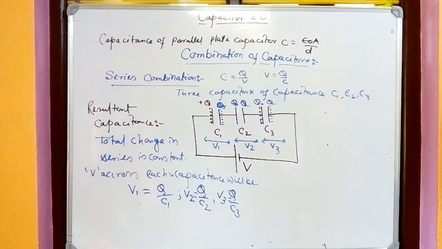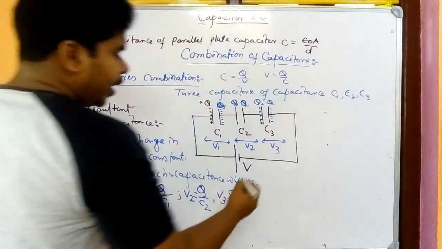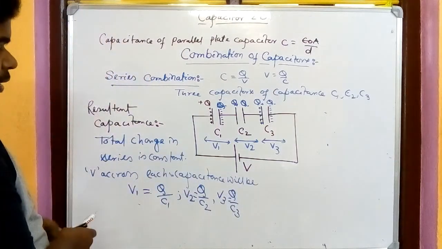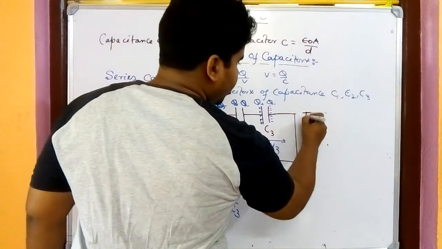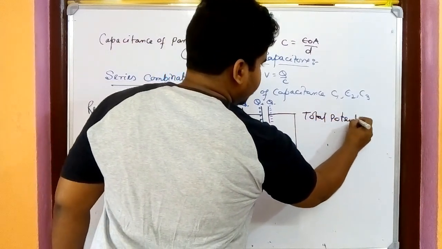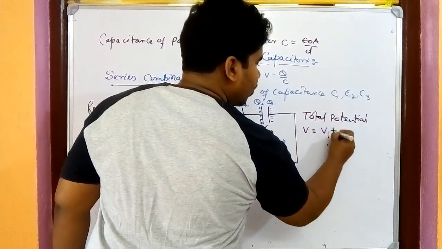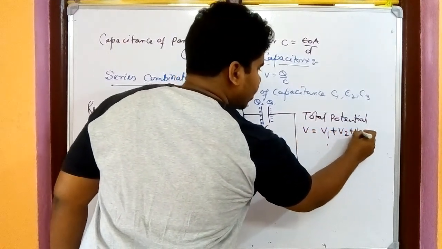Here also we have seen the same thing: across a series connection, the potential difference is not constant. So we can mention one thing: the total potential V equals V1 plus V2 plus V3.